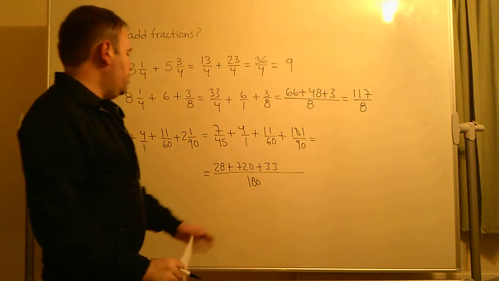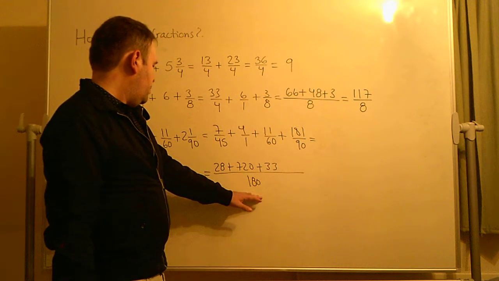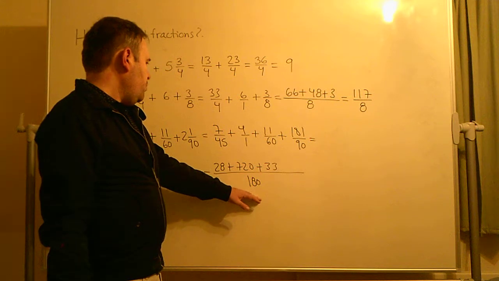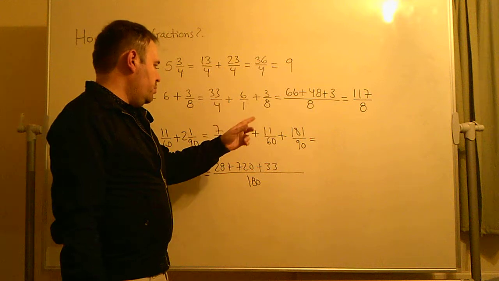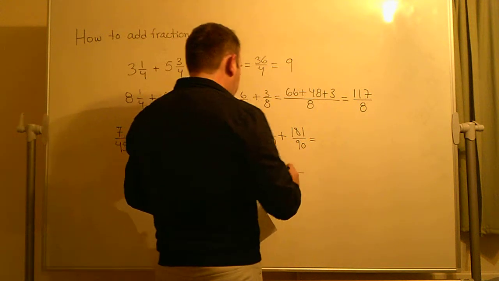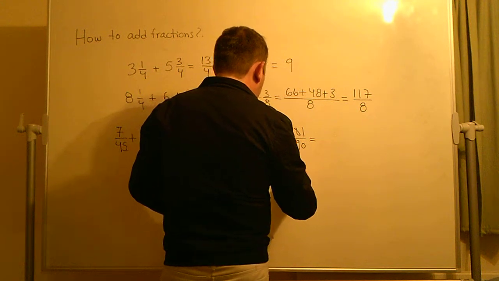Okay, so now 180 divided by 90 is 2, times 181 would be 362.